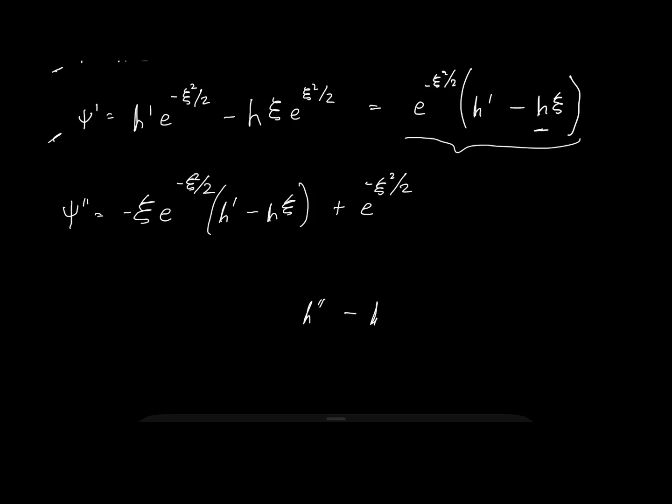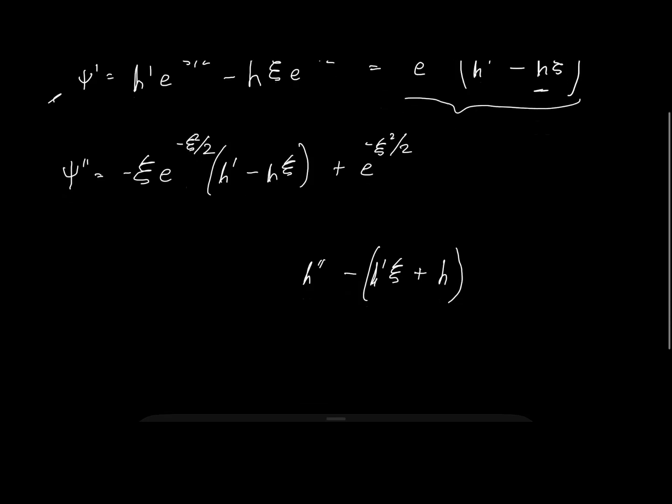H prime c, so minus h prime c plus h, and then the derivative of c with respect to c is just 1, and then that gives us this.